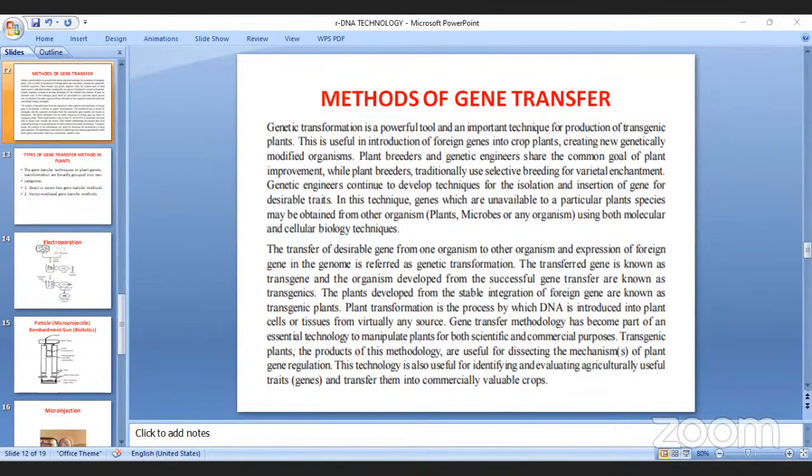One more thing, plant transformation was first discovered in the tobacco plant in 1984. Since then, rapid development in transformation technology has resulted in genetic modification of many plant species. We have seen species like golden rice, varieties of potato, brinjal, Bt brinjal. They are all obtained by the gene transformation method.